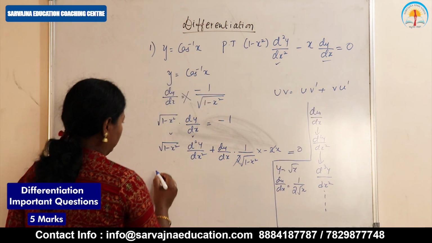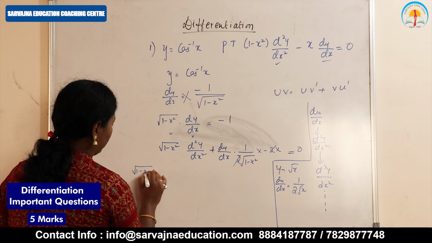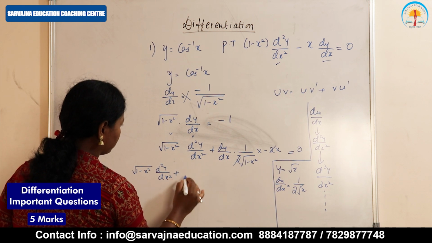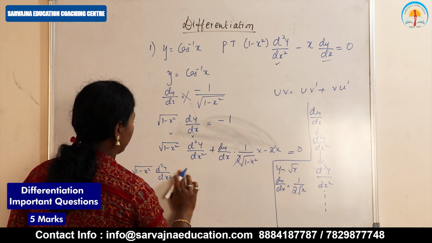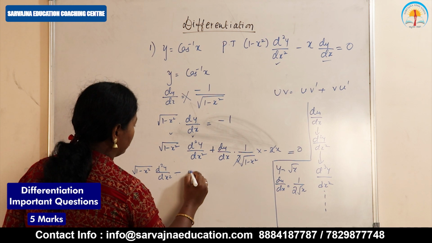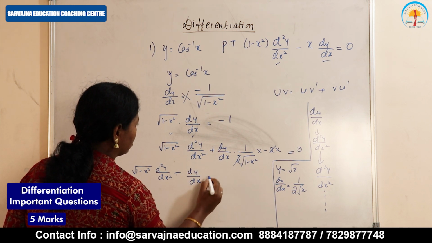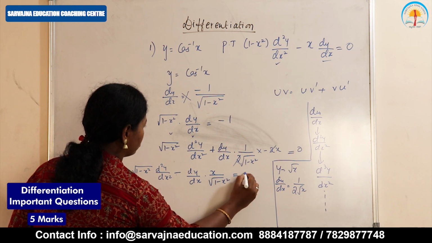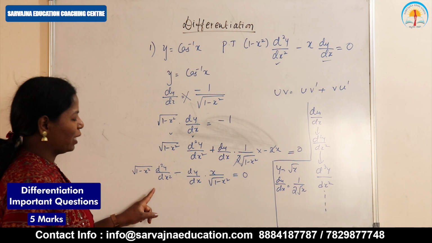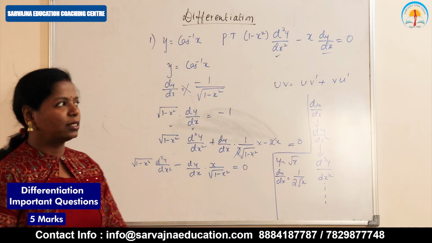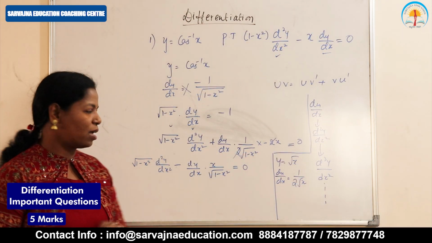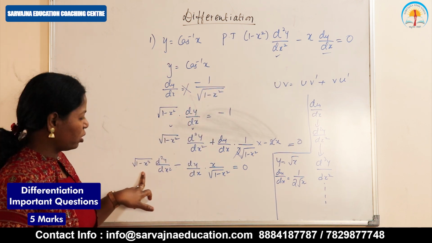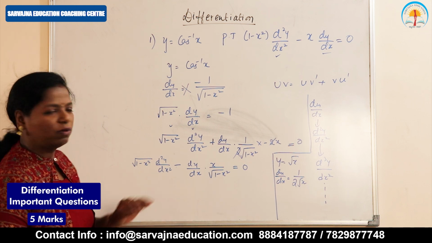Okay, so now root 1 minus x square d square y by dx square plus dy by dx into minus x divided by root 1 minus x square is equal to 0. Now I have to take the LCM. Observe, I already got the answer, but there is still a difference: here there is no root, but there is a root there. If I do the LCM, this root will go.